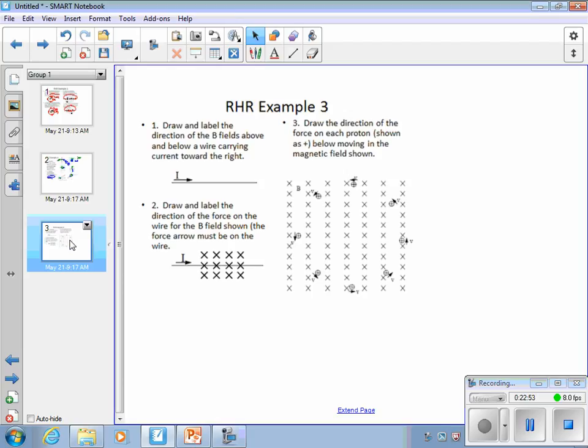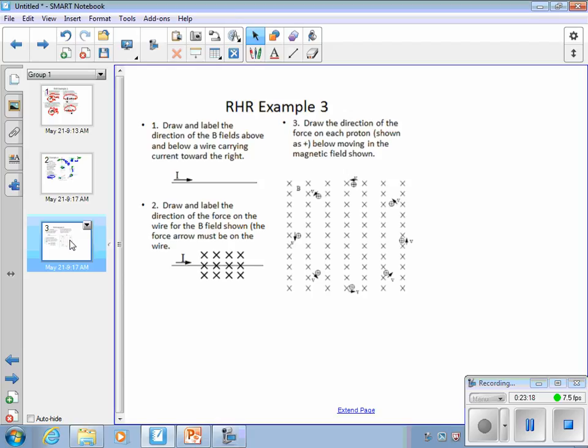You can have a wire going through an external magnetic field. Example number 2. The important part is whether or not there's an external magnetic field. If there is no external magnetic field, there's nothing for the created magnetic field to really interact with.